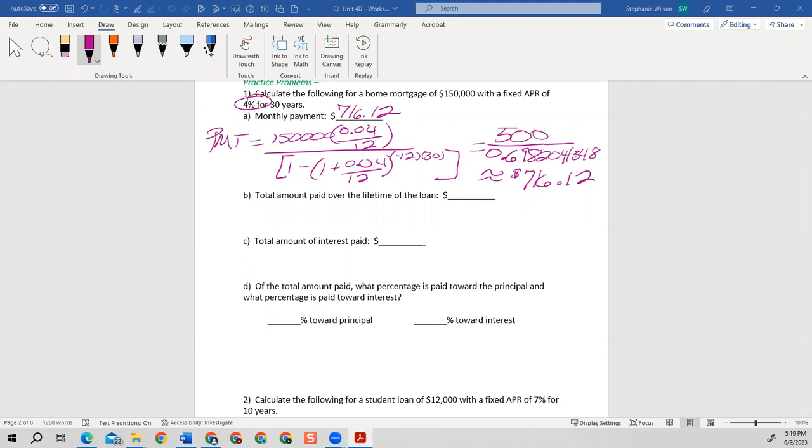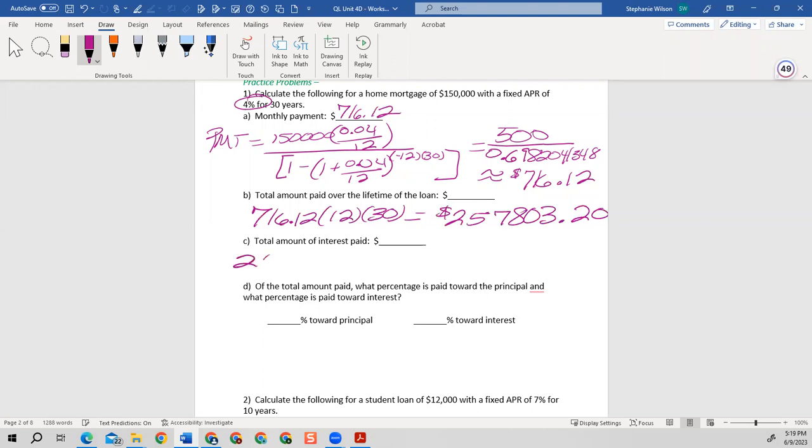So we're going to take that $716.12. We're going to multiply it by 12, multiply it by 30. And when we do that, we get $257,803.20. Now we want to know the interest paid.